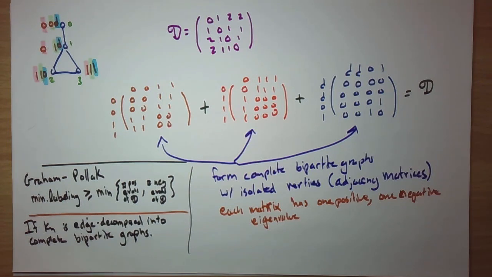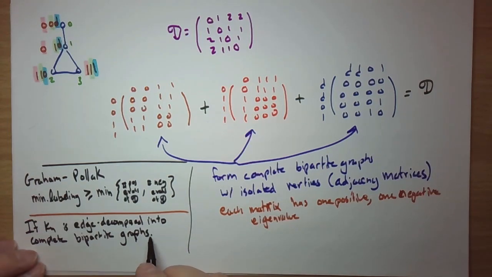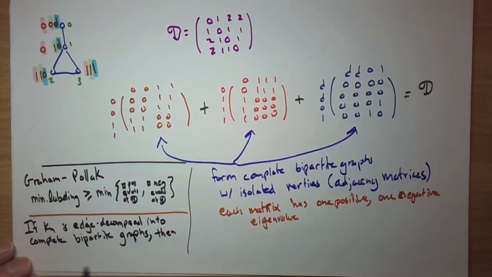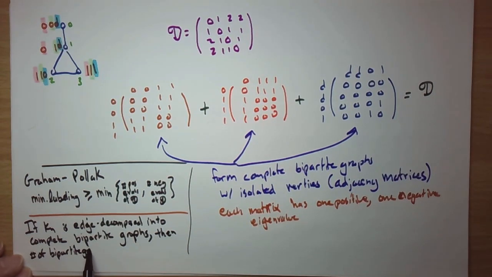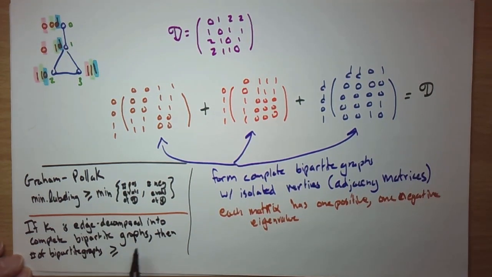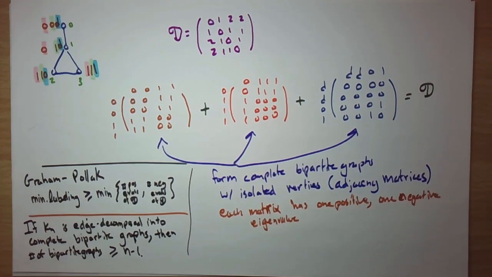So we're taking our complete graph and splitting it up into complete bipartite graphs. That's our assumption. The conclusion is that the number of bipartite graphs that we need is at least n minus 1. Okay, that's the conclusion.